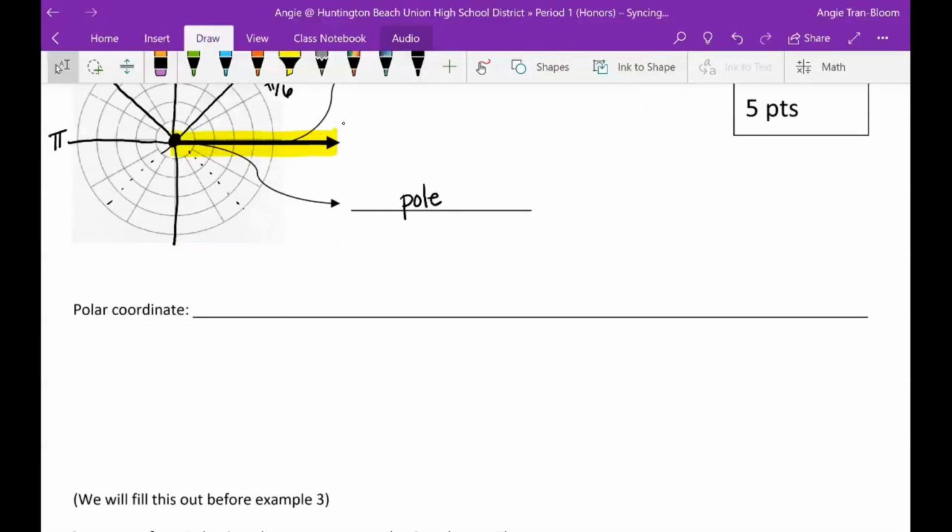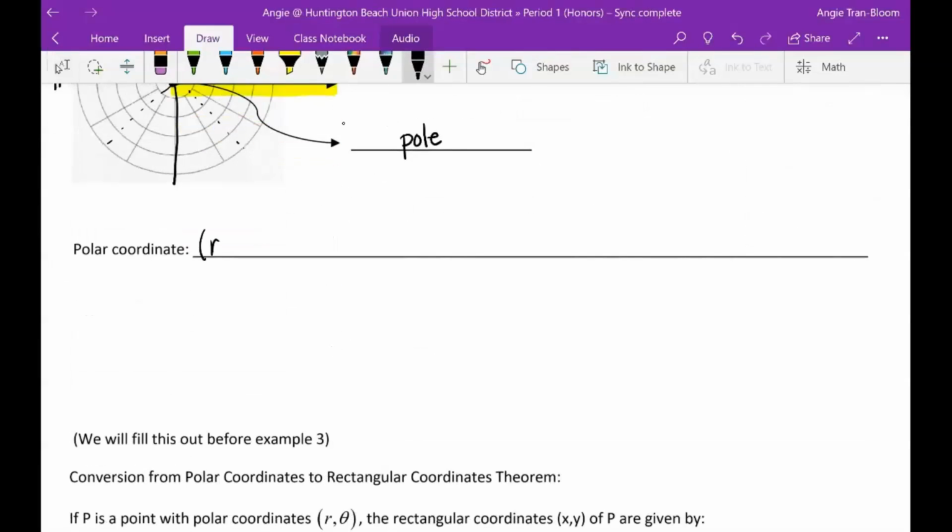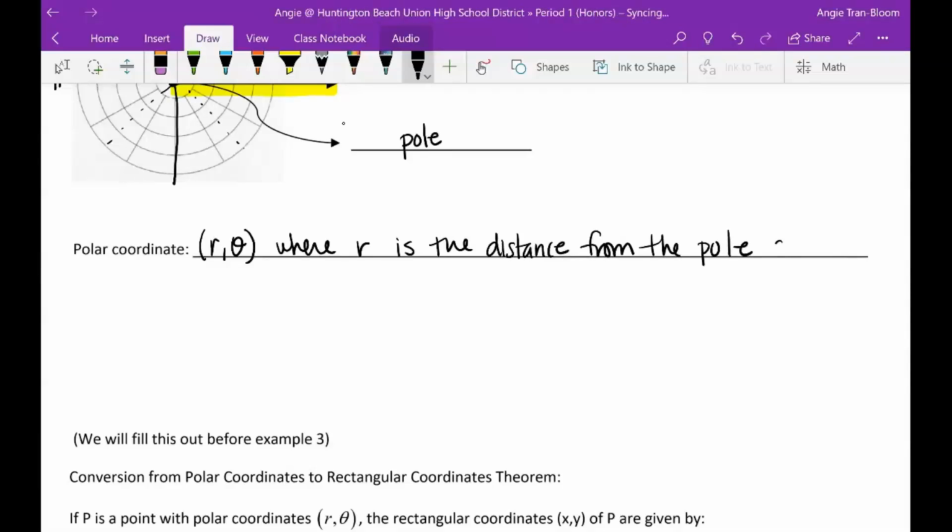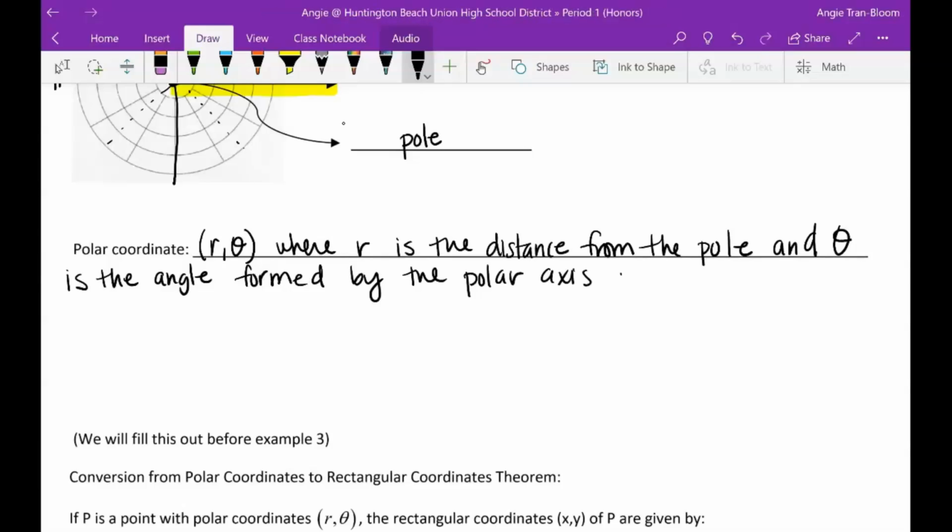So what is a polar coordinate? For a polar coordinate, we are going to use r comma theta, where r is the distance from the pole, and theta is the angle formed by the polar axis and a ray.